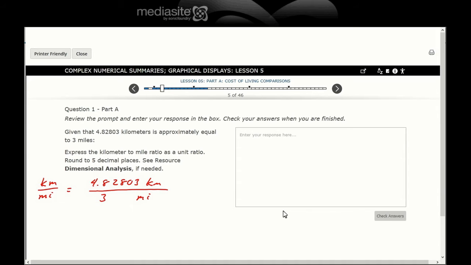And what it's saying for a unit ratio is divide by 1. So the unit ratio we look for is how many kilometers per mile. Well, 1 mile is how many kilometers? So how many kilometers per mile?